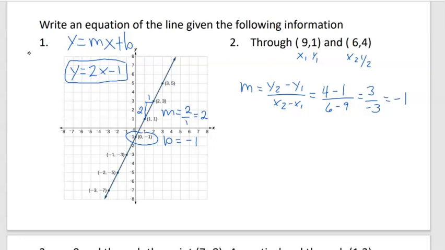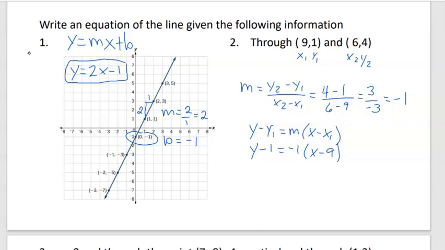You then can use the point-slope formula: y - y1 = m(x - x1). We can fill in the y1 with 1 from above. We can fill in -1 for the slope. x1 is 9.